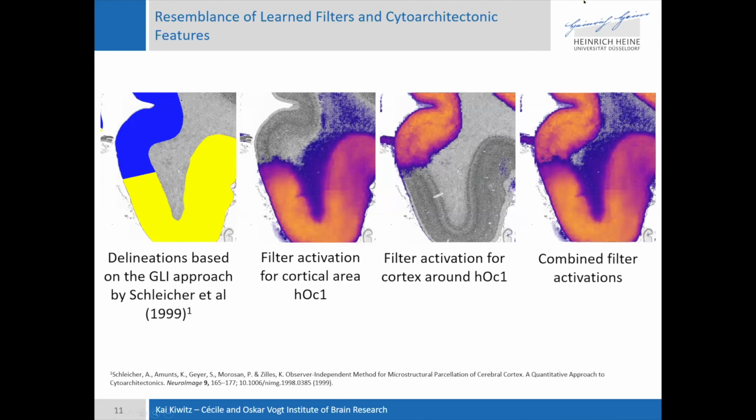We also find some opposing filters, which you can see right here. This filter shows activation for the cortex around hOc1, which is this part of the cortex right here. This filter right here shows an activation for the cortical area hOc1, which is the primary visual cortex, but no activation for the surrounding cortex.